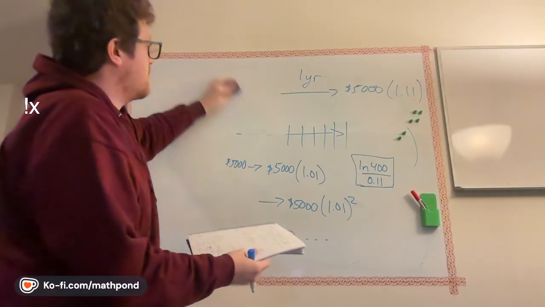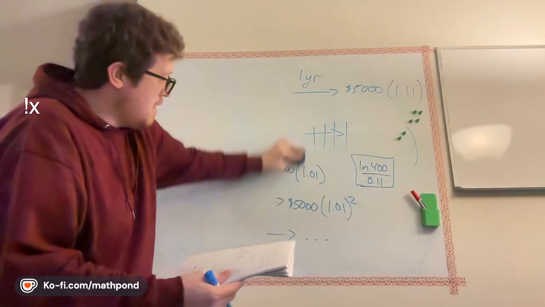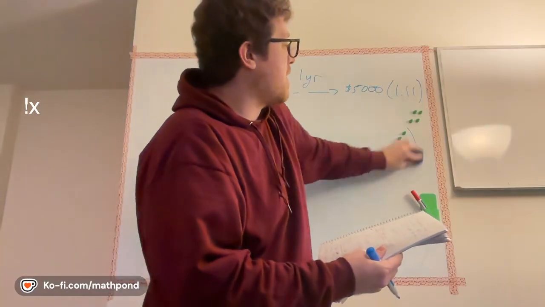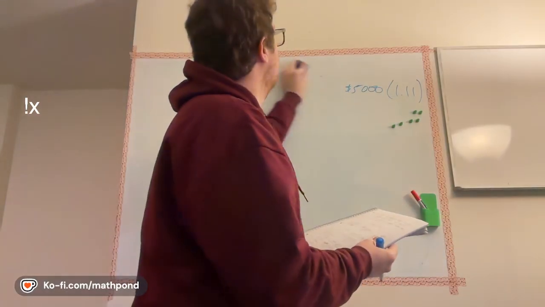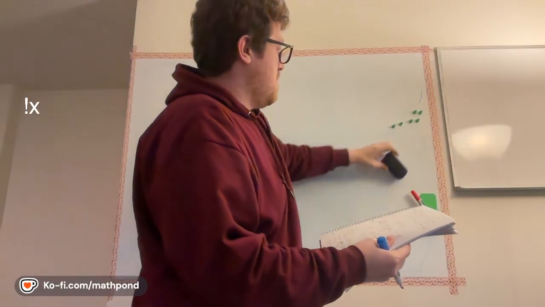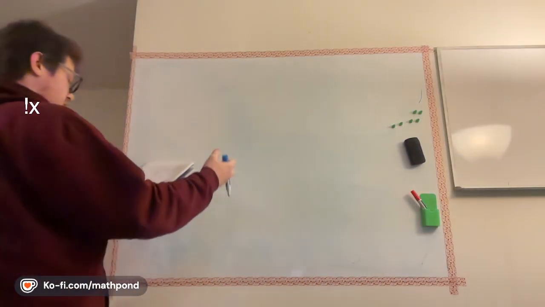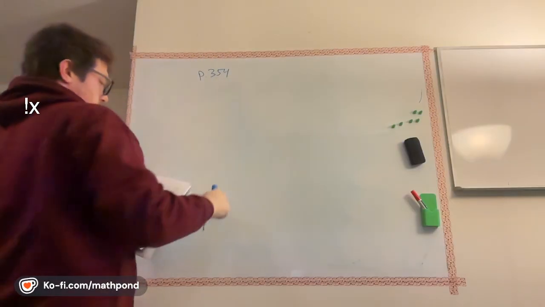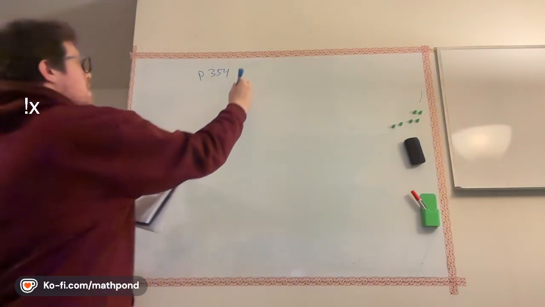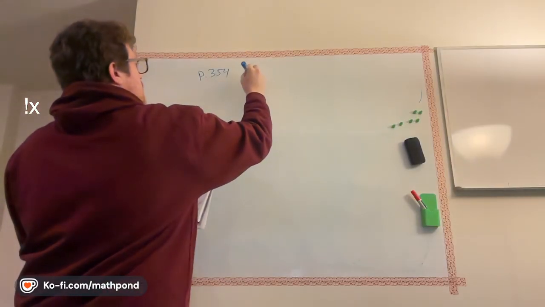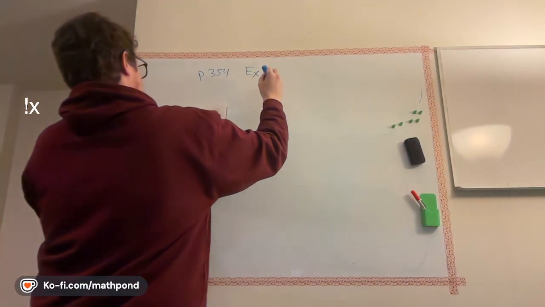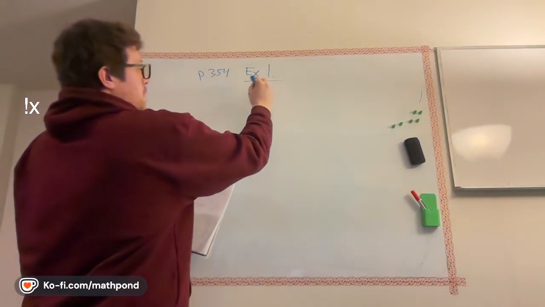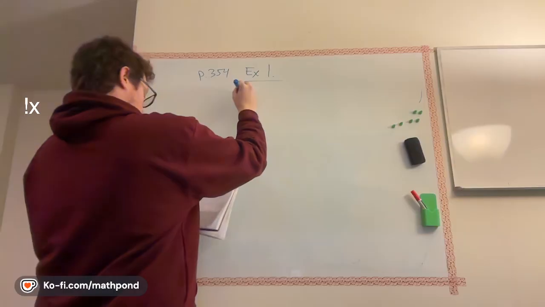So this is one of the exercises talking about estimating. So actually, let me give a little background first. So this is page 354. Exercise 1, and we're rolling 24 different dice.